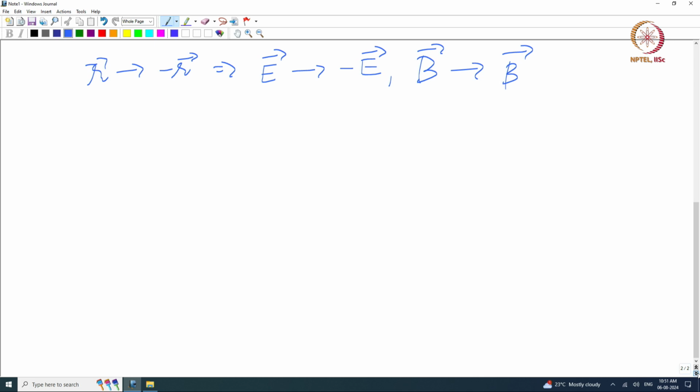Okay, so let me just write that down. The force has flipped sign, just as you expect. That means the acceleration has flipped sign, again as you expect, because you flipped the sign of the position. Okay, very good.